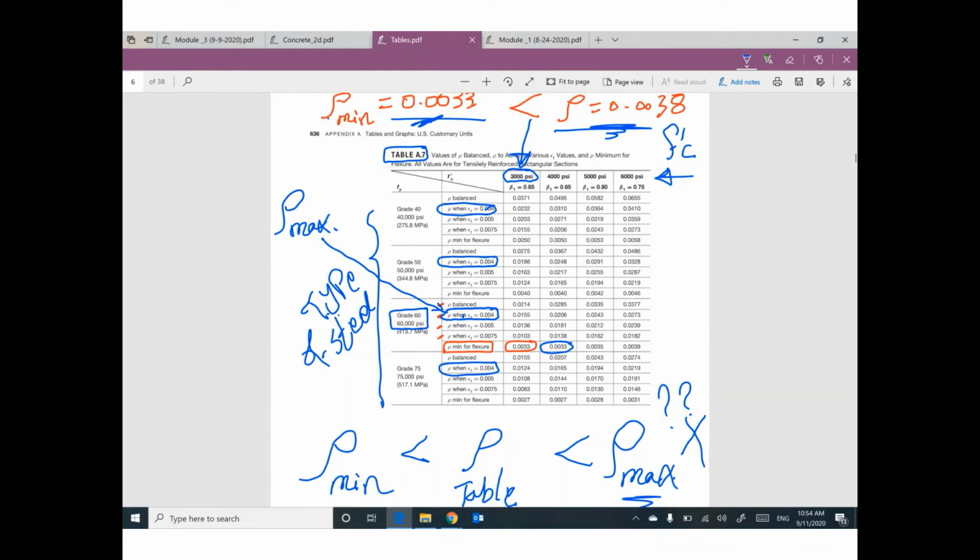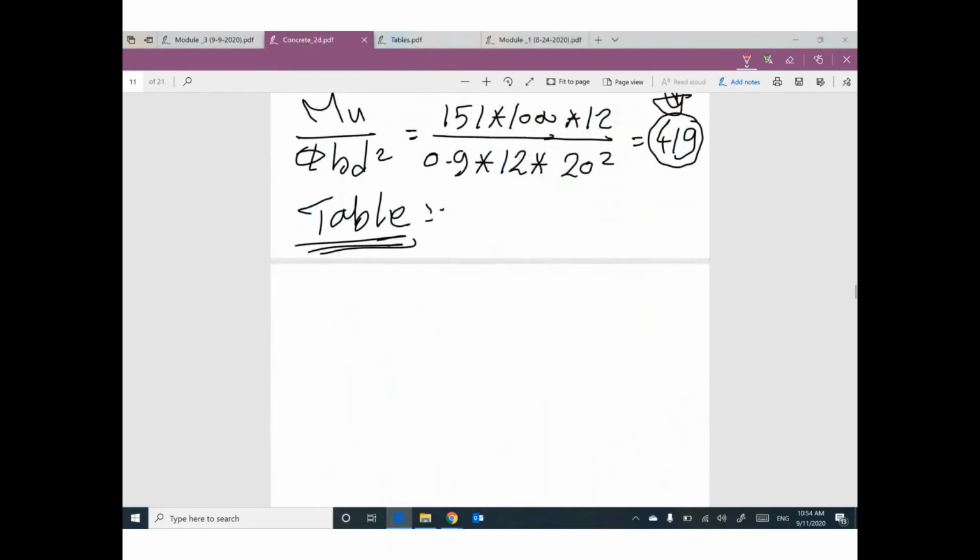Also, be sure that you are under the maximum value. 0.0075 is smaller than 0.02. So you are between the minimum and the maximum. You are good. Keep going. So rho equals 0.0075. Rho equals area of steel divided by B D.